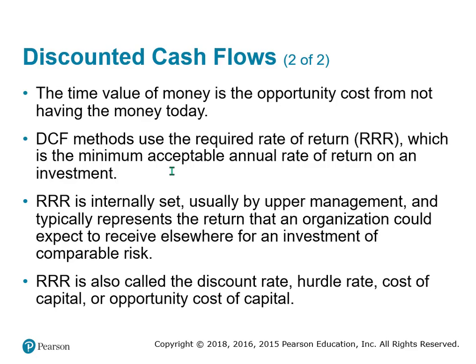The minimum acceptable annual rate of return refers to how much the shareholders want to earn on the investment. So if the shareholders want the company to earn 15%, then a project would have to earn 15% to be acceptable.